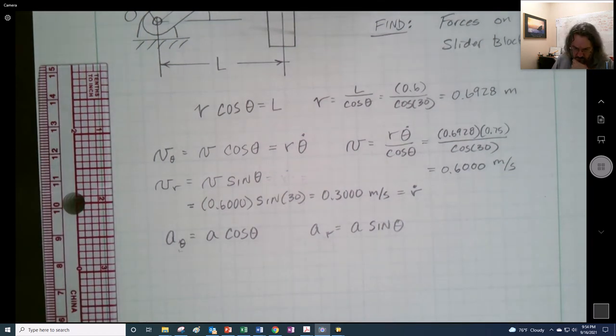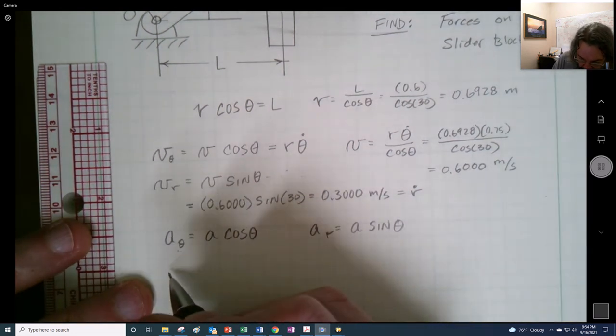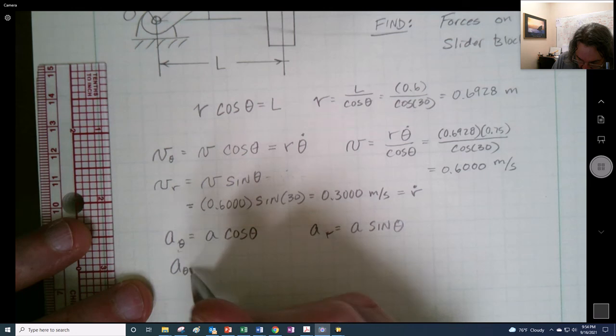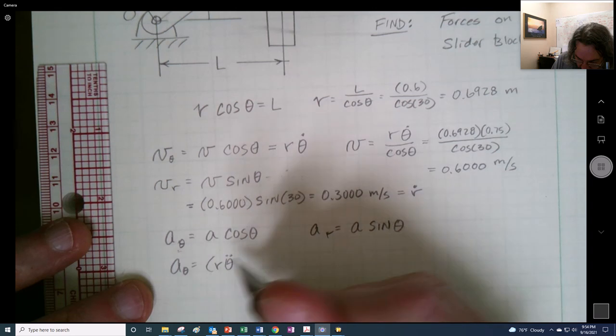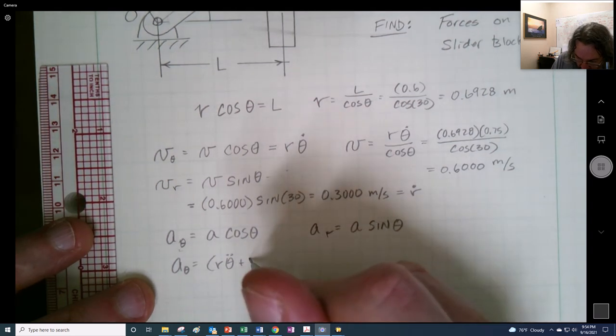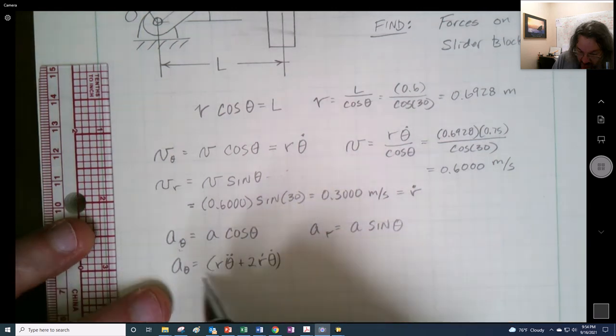Let me think about this. Okay, so we know that the A theta is also going to be equal to r times theta double dot plus 2 times r dot theta dot. And we know all of that.